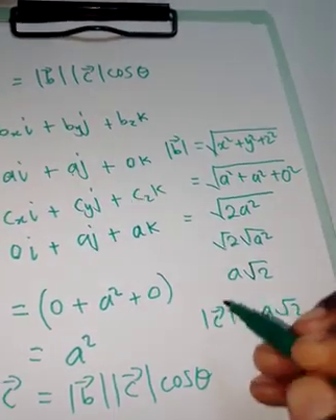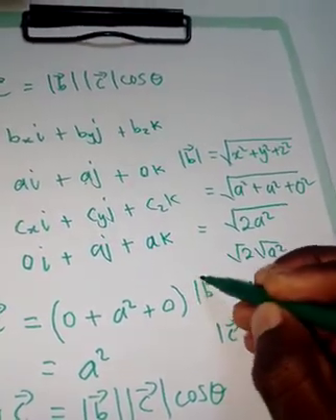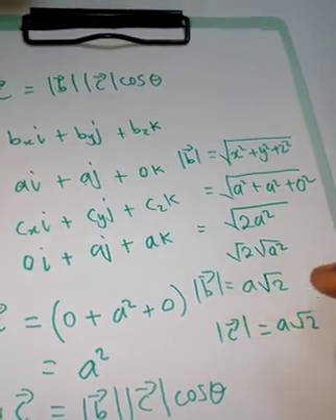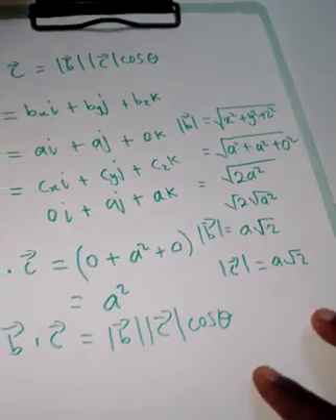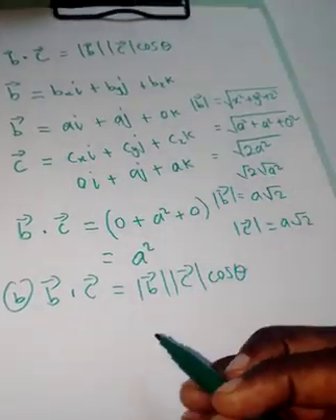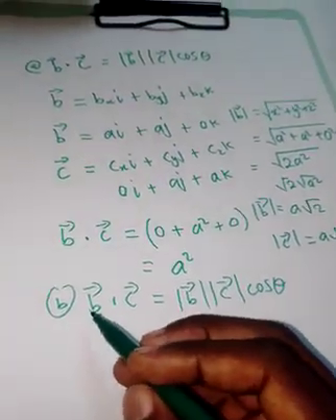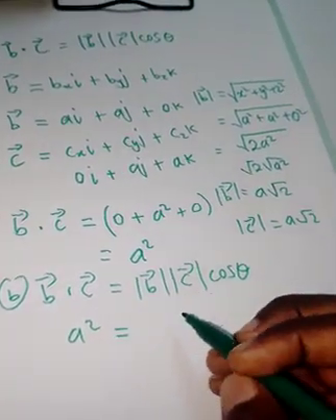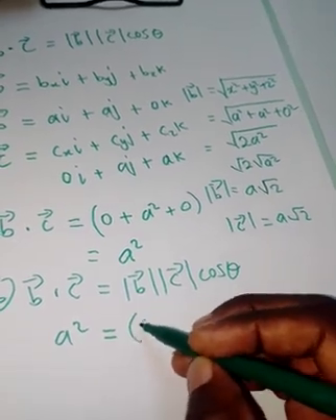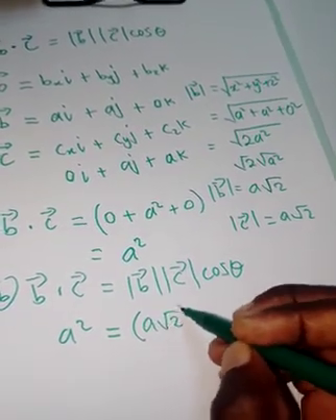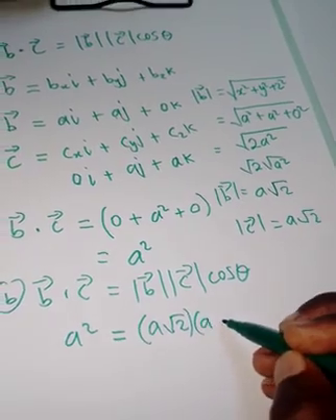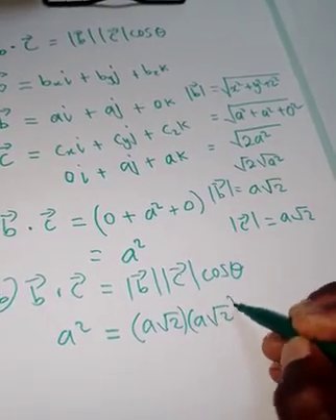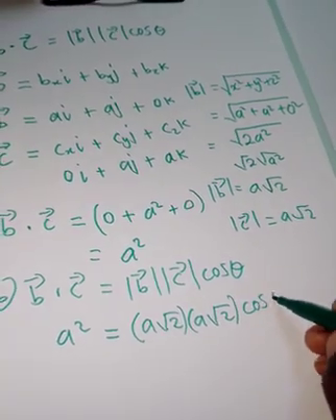Okay, you can confirm. That's what you get. So these are their magnitudes. So we get back to our formula there. B dot C, we just got a squared equal to, so here magnitude of B, a root 2, multiplied by magnitude of C, a root 2 cos theta.